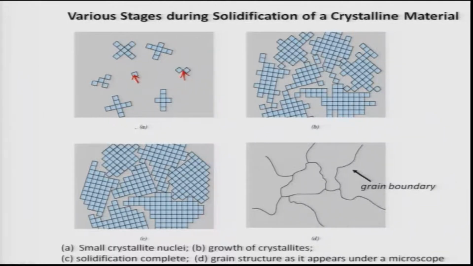Furthermore, these atomic clusters will join in a systematic way to each of these nuclei. There are 1 2 3 4 5 nuclei, or maybe more, and each of these will keep on joining with clusters of atoms and become bigger, but they grow independent of each other, and they do not know whether the others exist in the liquid or not.